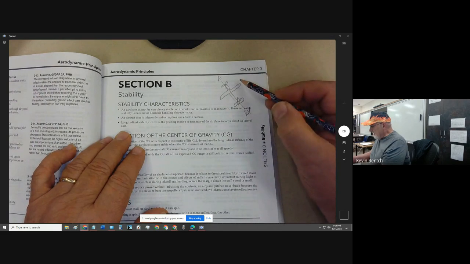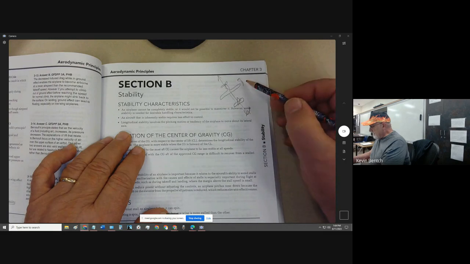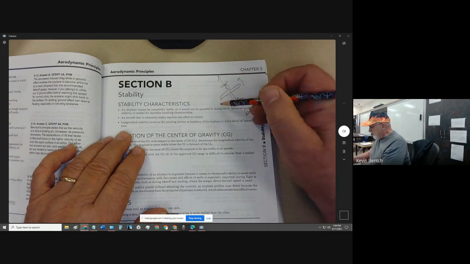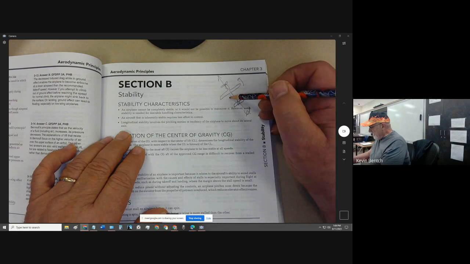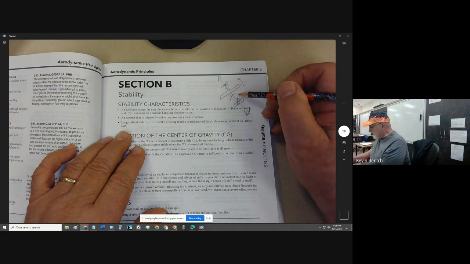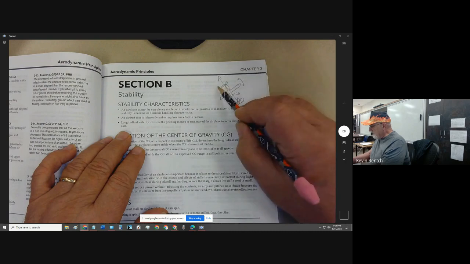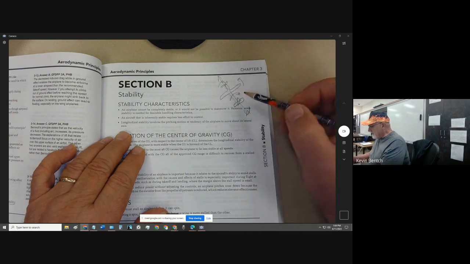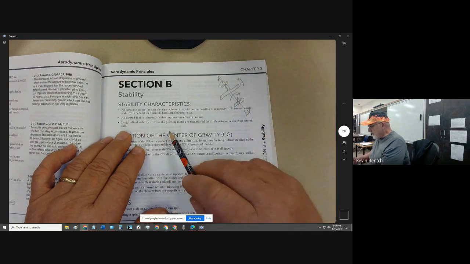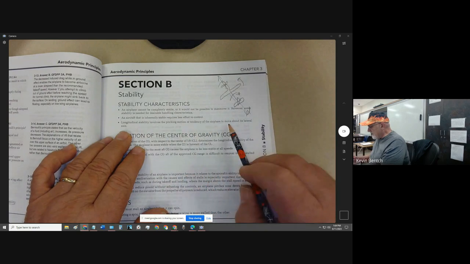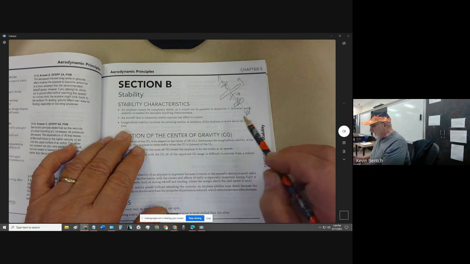So the plane can rotate around the axis, it can go up and down. Anyway, it's rotating about that axis. So longitudinal stability involves the pitching motion or tendency of the airplane to move about its lateral axis.